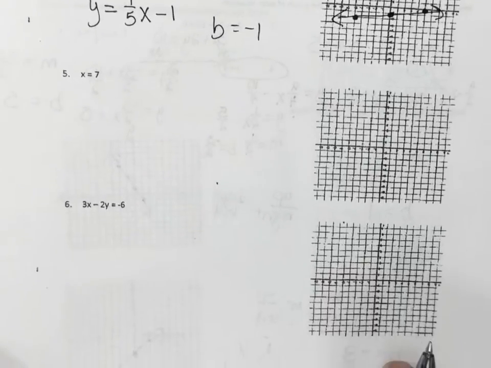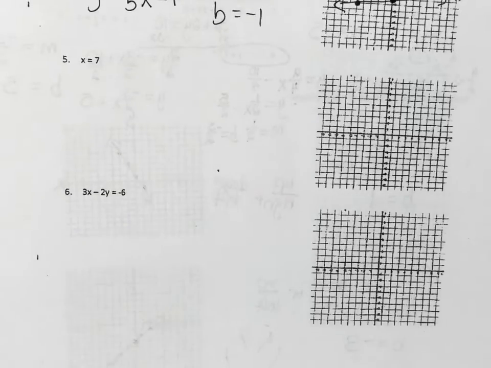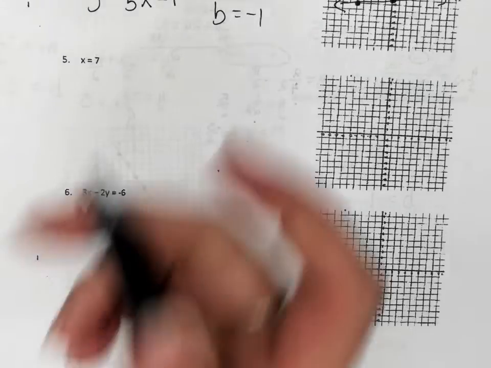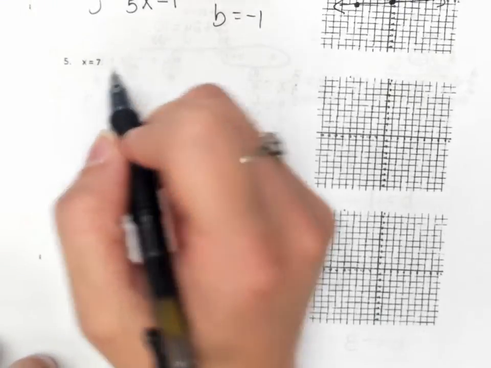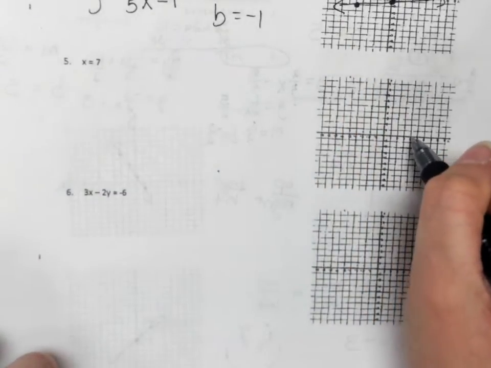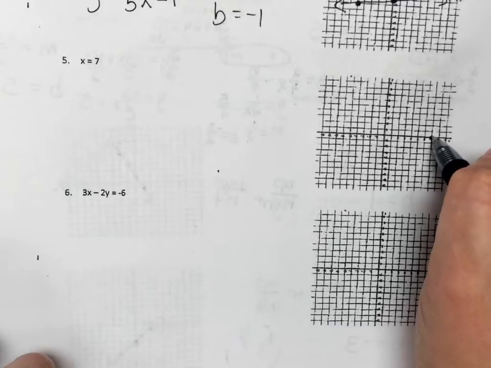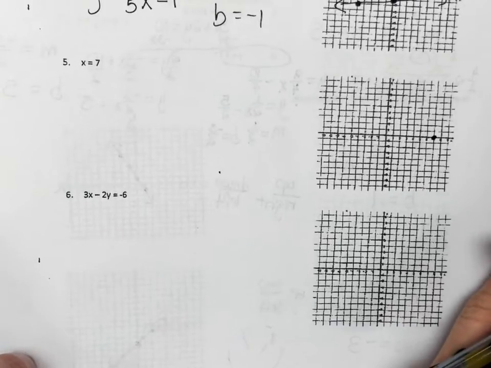Ooh, let's look at number 5. Ooh, what about this one? It is a vertical line. Okay. So, what do I do? X tells me which axis to go to. So I'm going to go to the x-axis at 7. And I'm going to put a dot, right?